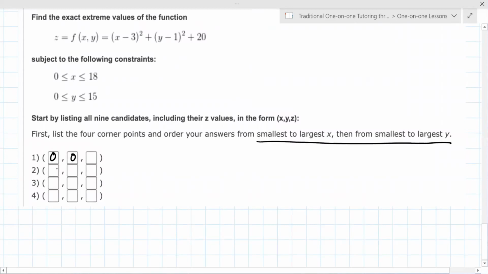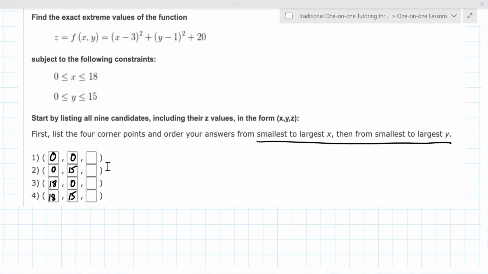You have to do it in the right order. 0, 15, 18, 0, 18, 15. So you're going to evaluate that up here. Do you want me to do that or move on? I can do that.